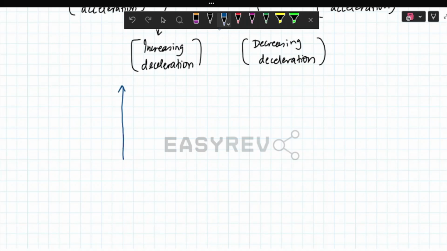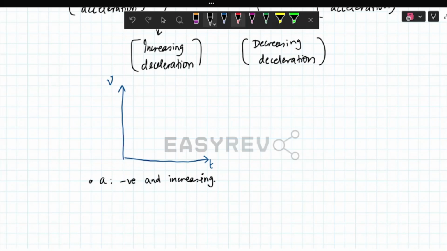For increasing deceleration, you expect the graph line itself to have a slope that is getting negative and is also increasing, because for a velocity time graph, remember that the slope represents acceleration. So in this case of increasing deceleration, you expect acceleration to be negative and increase with time, meaning the slope should behave the same.